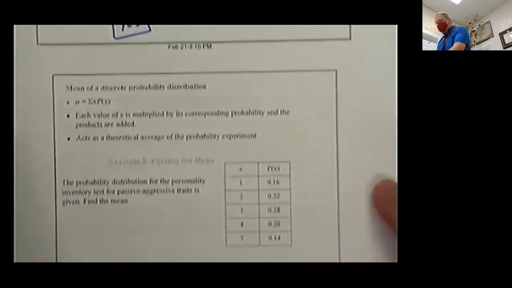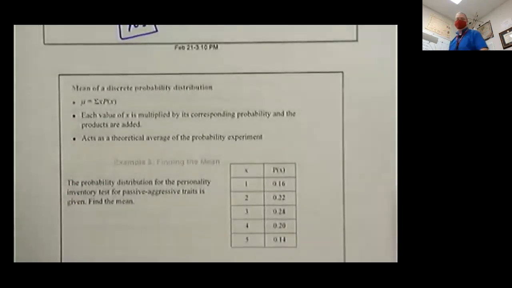And the last thing we're talking about is how to find our mean and standard deviation for a probability distribution. In the next lesson, we're actually going to find there's a shortcut way, but for now, we're going to use this method. To find the mean of a discrete probability distribution, mu is our population mean.